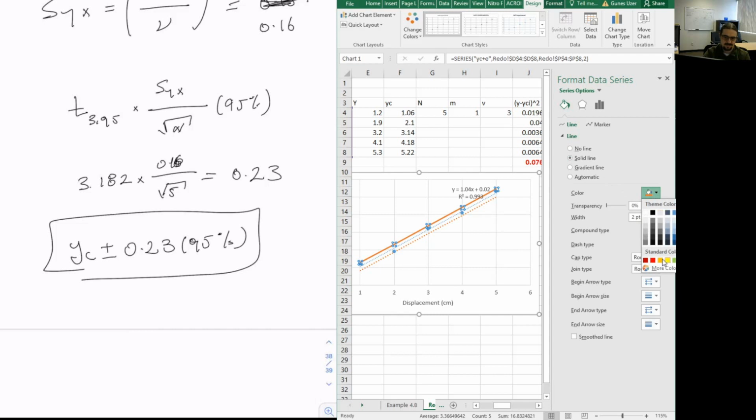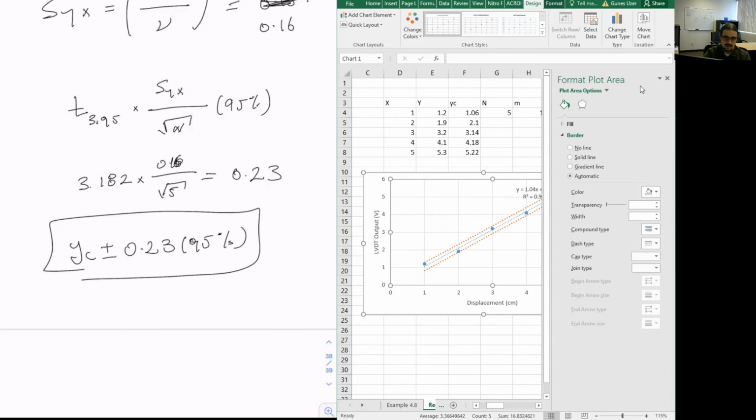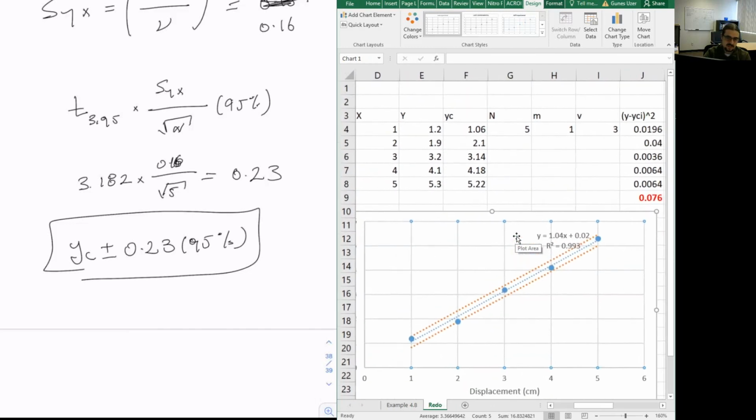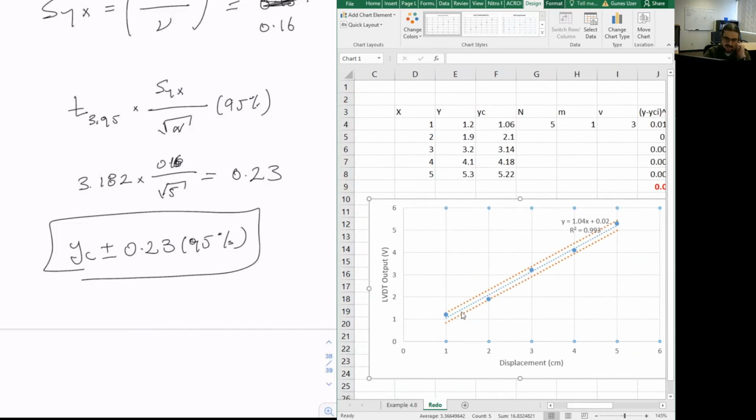Let's make it orange as well, why not? And then we give it some dash type like that. So in that case you can plot this here. There you go. So here's the curve that you've generated. Here's your main line fit, which is the blue, and your experimental points as blue, and then you have your error band, which is the one that you calculated. So basically what this is saying is that within this error band, your polynomial can represent your experimental data.